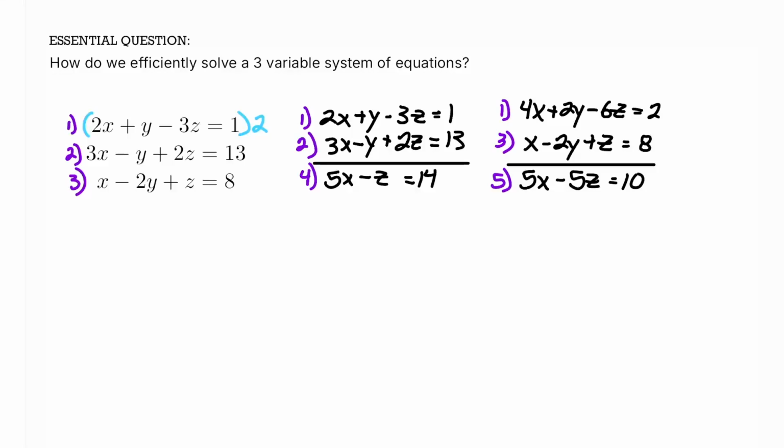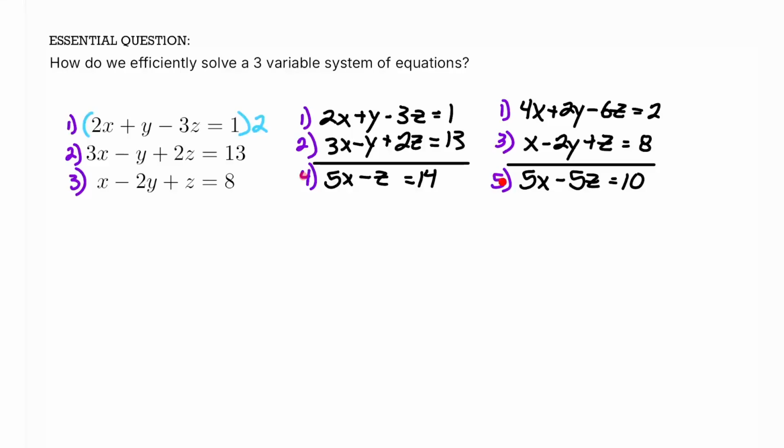So the key to doing all of this and the numbering and organizing is to keep it as clean and organized as possible so we can go back and look at our mistakes, because you're almost guaranteed to mix up a sign or multiply or add something incorrectly, and it's usually a simple mistake. But if your handwriting is sloppy or you don't have it organized, it's very hard to figure out where you made that mistake.